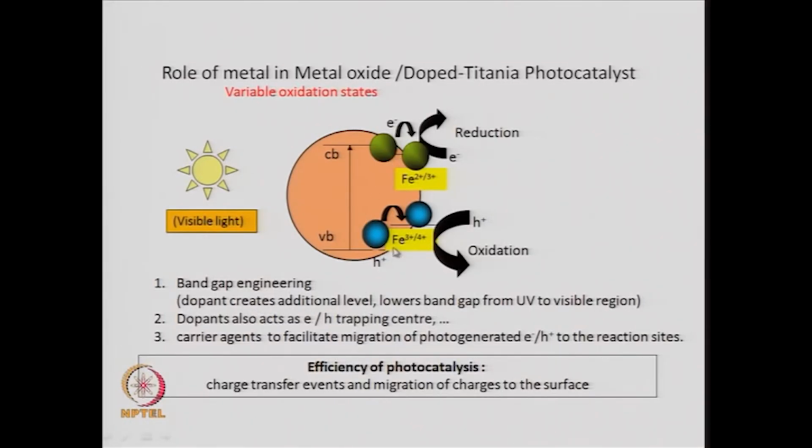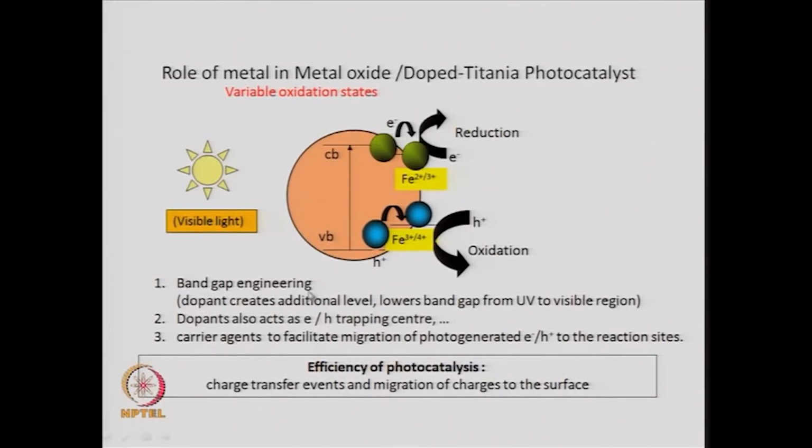So, these additional levels are created. Although TiO2 has this band gap, the actual band gap will be due to the smaller intermediate levels which are introduced by the metal oxide dopant, and this gap is lower in energy than this gap. If this falls in the visible light region, then it will become a visible light photocatalyst.